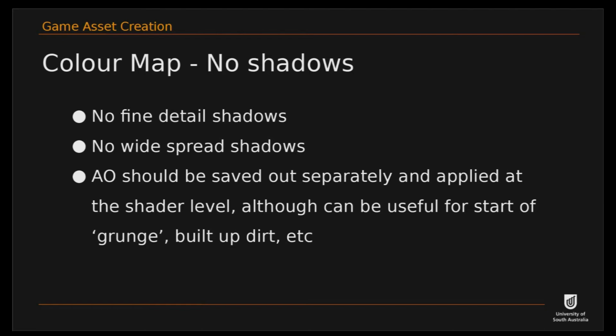However, due to the nature of the ambient occlusion map being darker things built up in the corners, if you were to tweak the colors of that and start painting bits out of it, it can be a good starting point for dirt and grime and things that are worn down. So again, guidelines, but whatever gets you the result that you need at the end, and whatever works within the broader pipeline of that game's art assets.